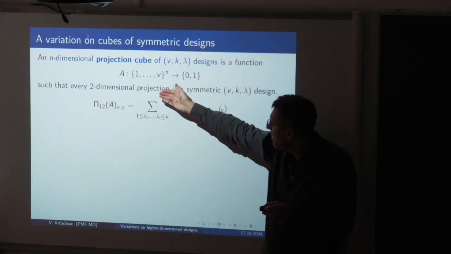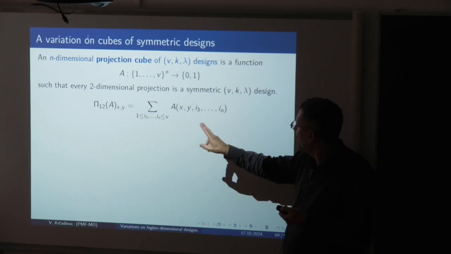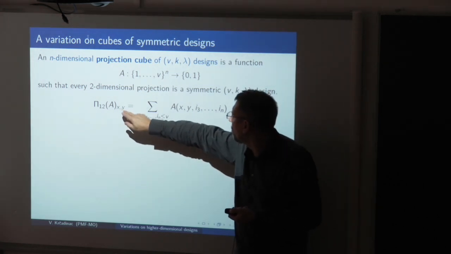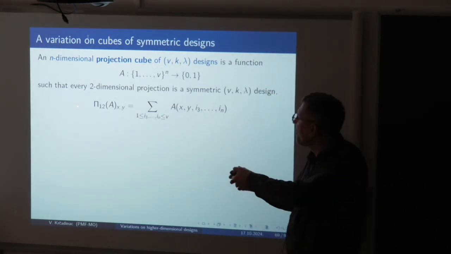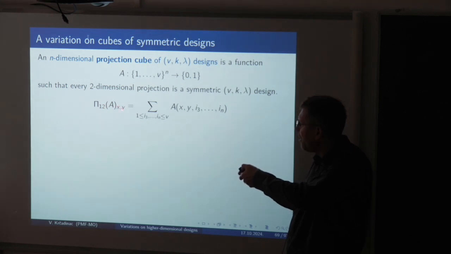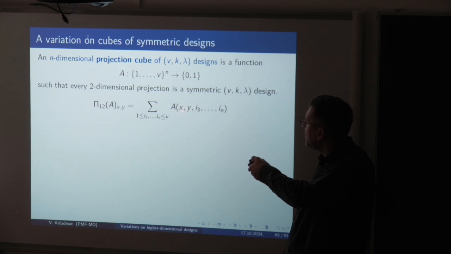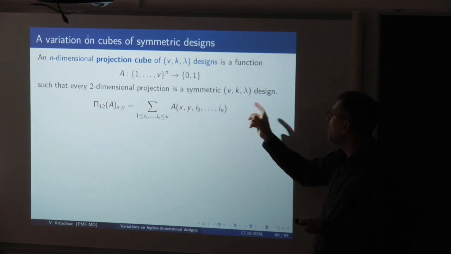But what is a projection? It's a sum where you fix 2 coordinates, let's say the first 2 coordinates here. So it's projection on coordinates 1 and 2. And then it's an ordinary 2-dimensional matrix where you keep these entries and you sum over all of the other indices.